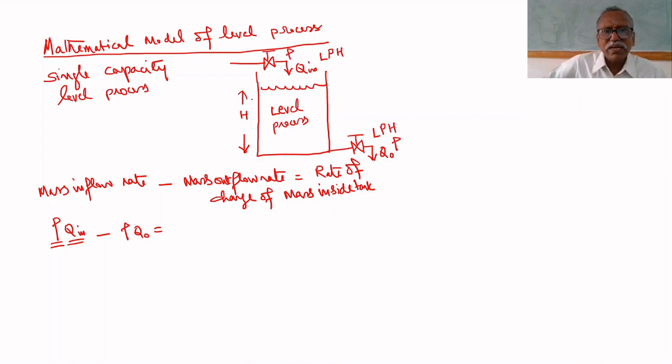What is the volume inside? Let us assume that the area of cross section of the tank is A meter square. H is in meter. Therefore volume is AH.